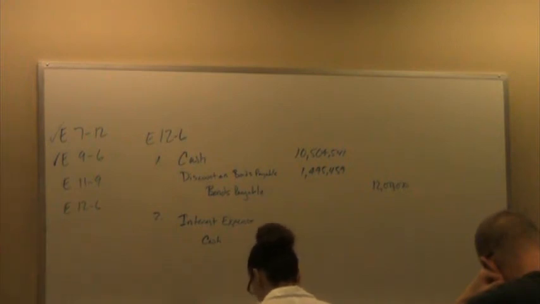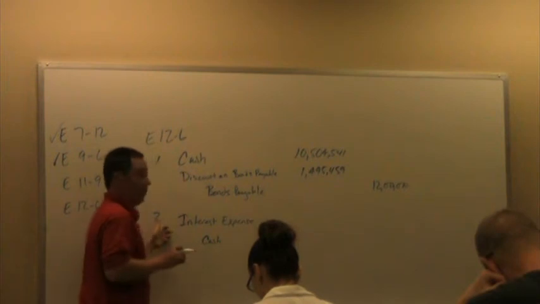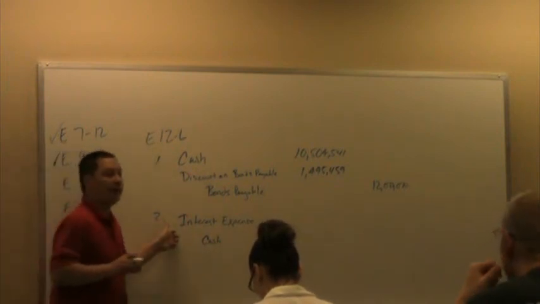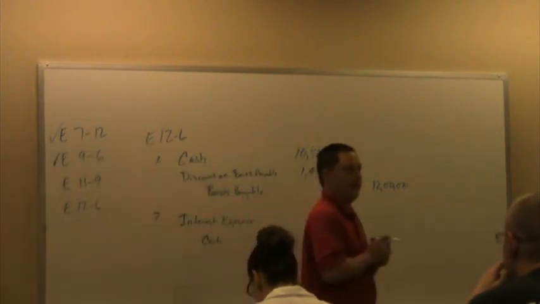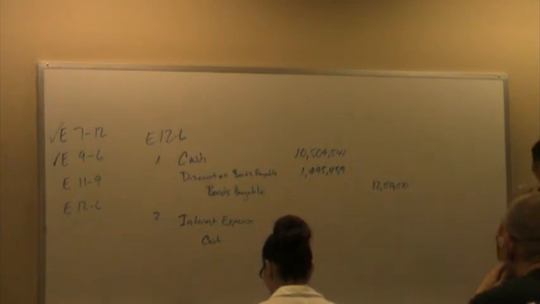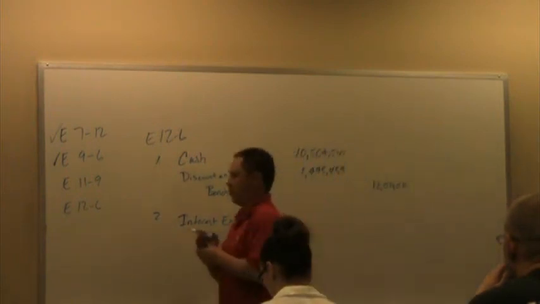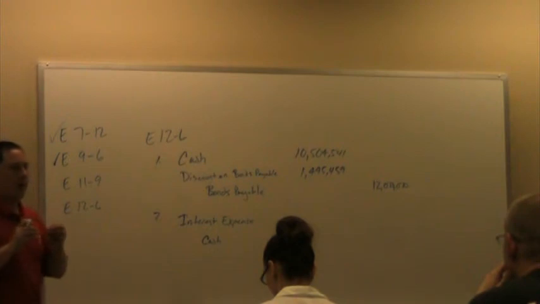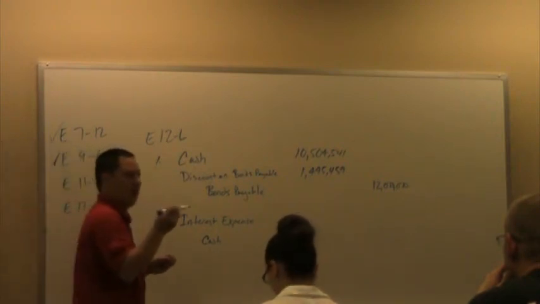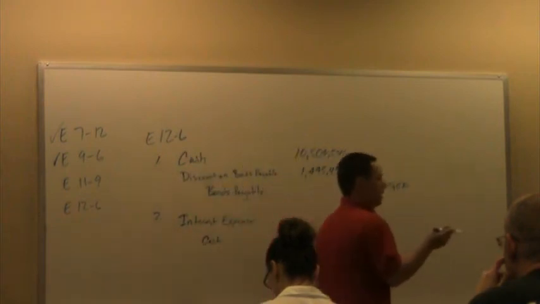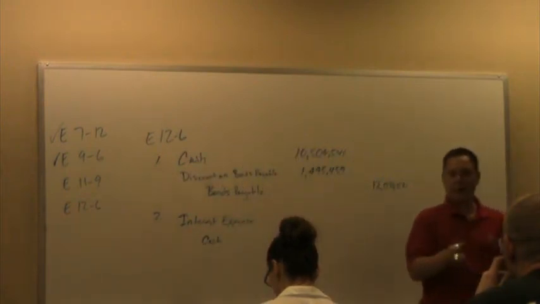For that transaction, with the interest expense, we've got to figure out how much it's going to be. You guys remember how we did that? Chapter 12. Remember, we're paying interest. How much interest are we paying? 8%. But that's over the whole year, right?